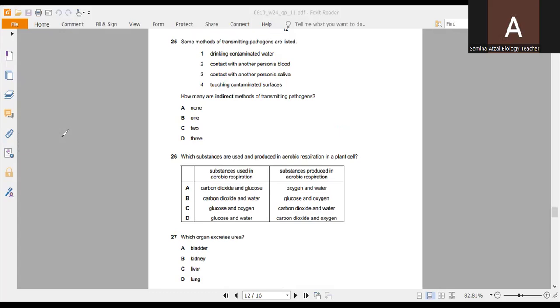Some methods of transmitting pathogens are listed. So, drinking contaminated water. When you drink the water, you are directly taking the microorganisms into your body.